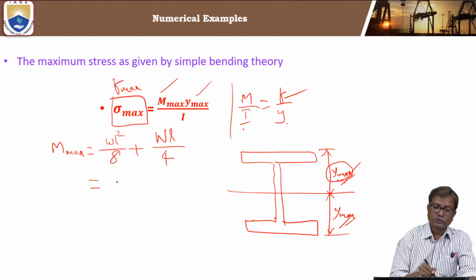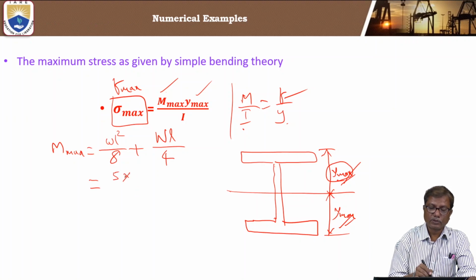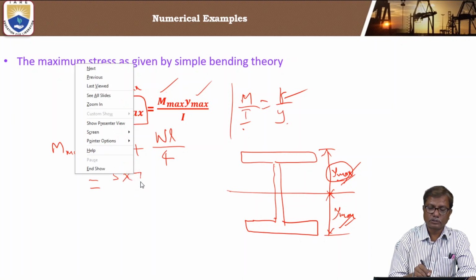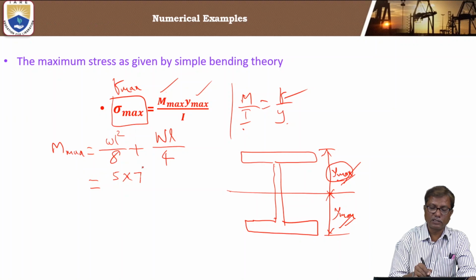So here the UDL intensity W is 5 and the span is 7 meters.